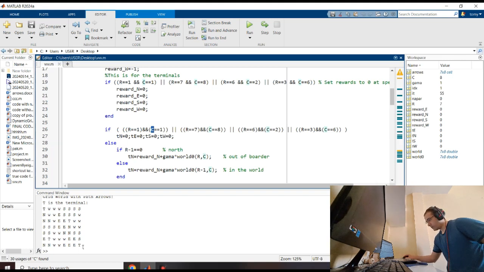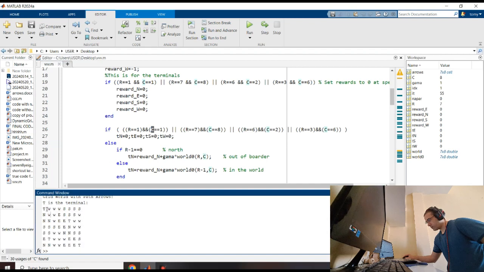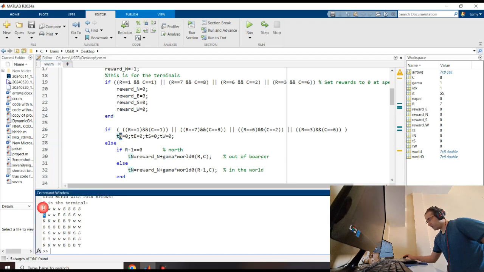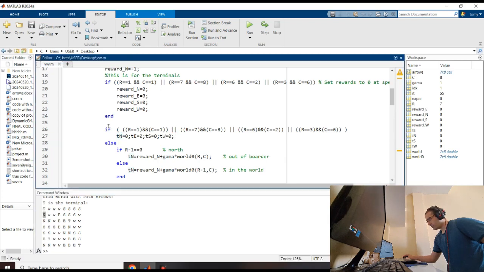This is the result, and when we see the T, it means terminals, and when we reach the terminals, the reward is equal to 0. If we go to the north and we reach the terminal here, the reward is equal to 0.